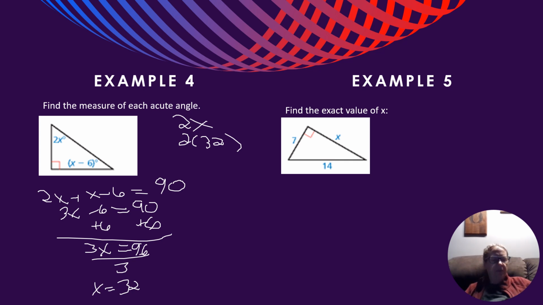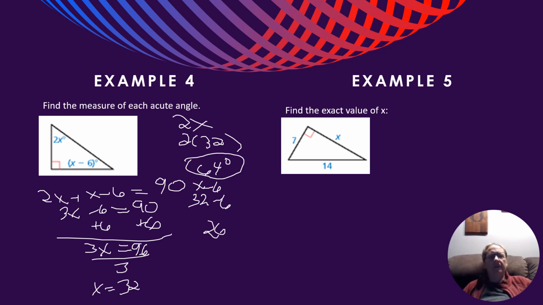So 2 times 32 is 64. So that's one of them. The other one is x minus 6. So 32 minus 6 is 26. So my two acute angles are 64 degrees and 26 degrees.